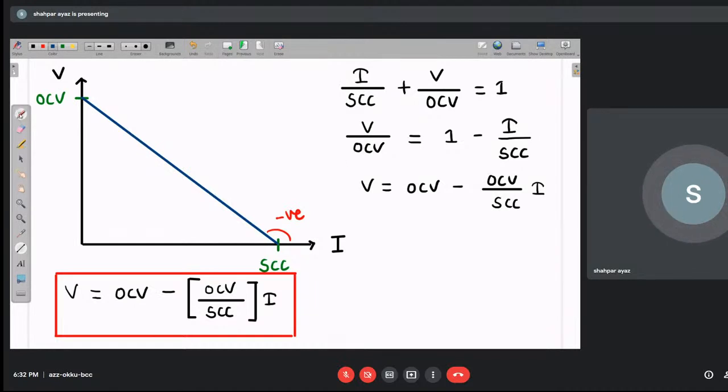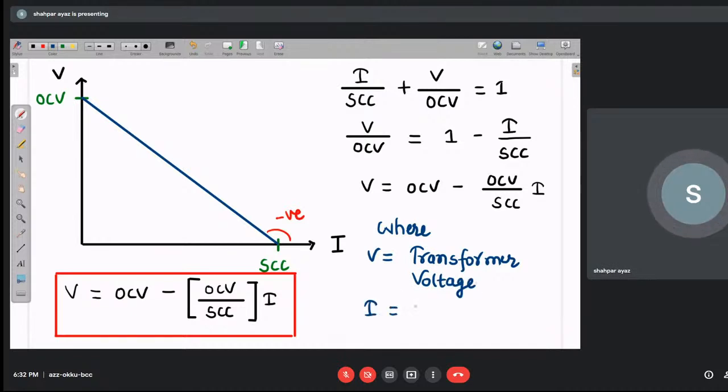Some other data are given, right? So where V is your transformer voltage, and I is equal to your transformer current.